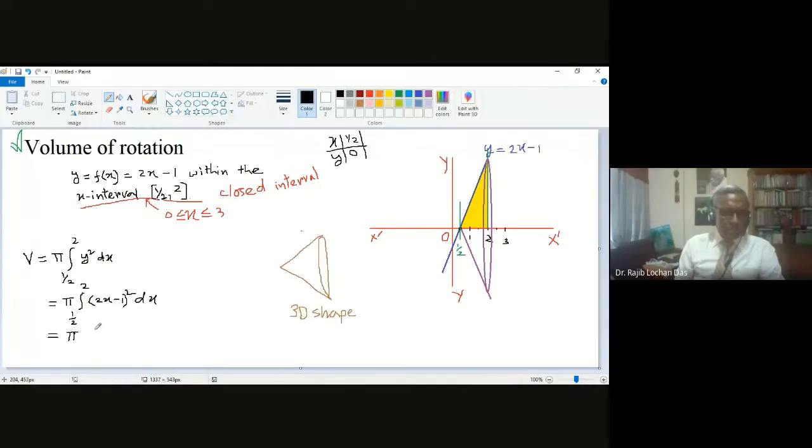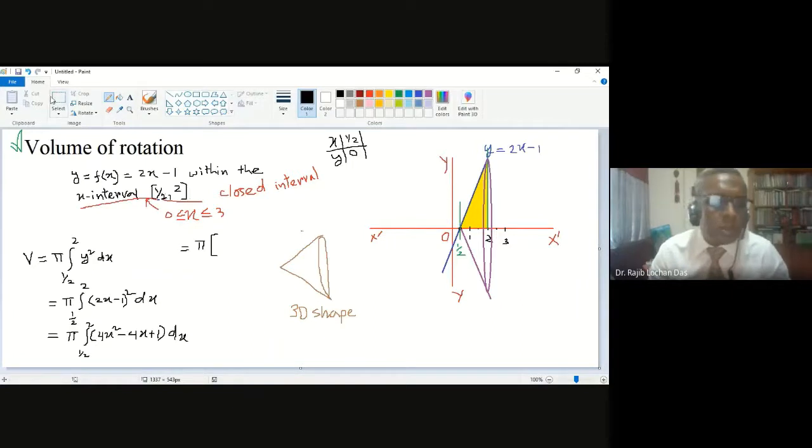Pi is just a number outside the integration, so it will be half to 2, and then using the expansion of the (a minus b) whole square formula, it is 4x square minus 4x plus 1, then close the bracket, dx. Next line, pi is the number, and there is a third bracket. Now you do the integration for the whole thing at a time.